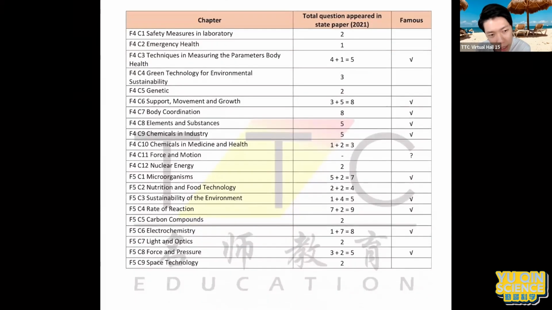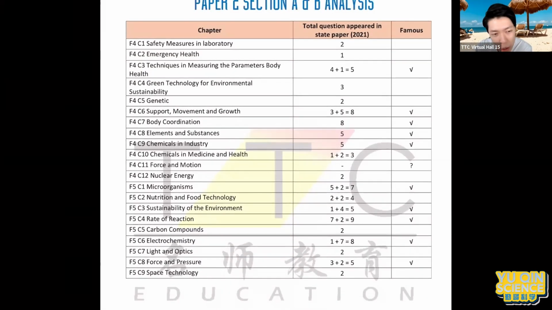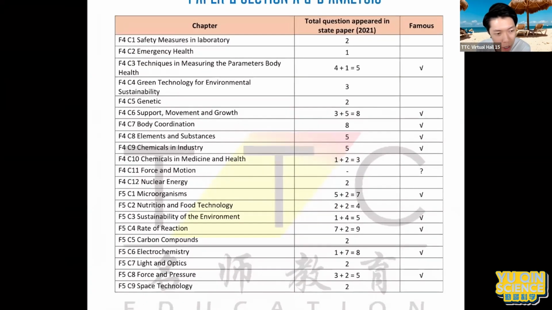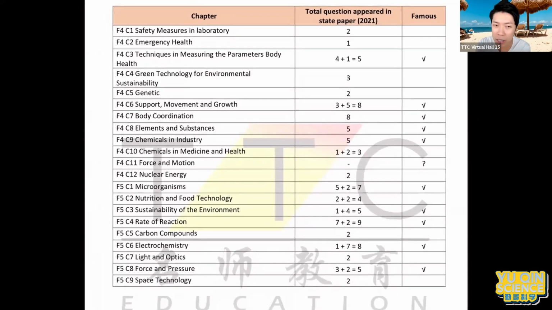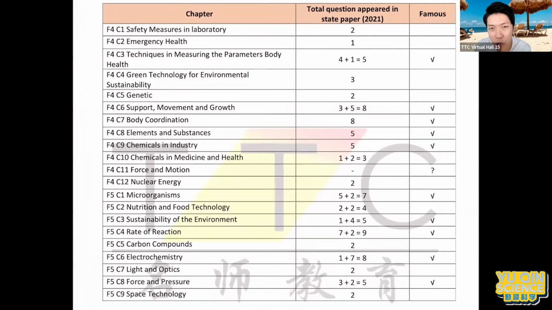But I was thinking, might as well let you see what is happening. I'm not saying that this is your Bible or the most important thing you must have for now. This is just a reference. Don't take it too seriously, because anyhow, this is state papers, this is not past year.